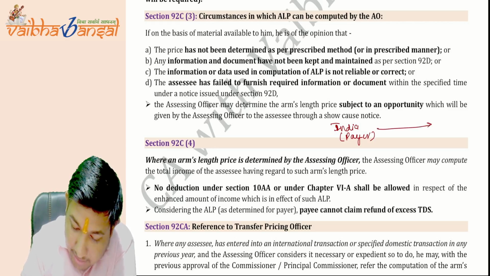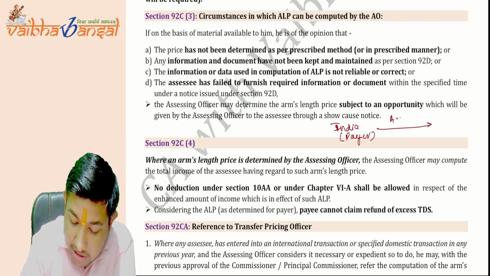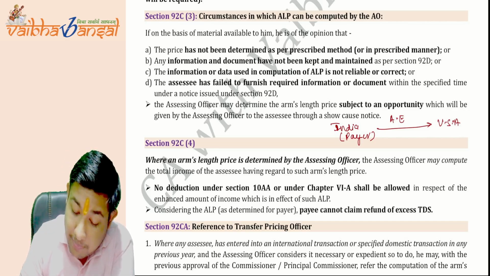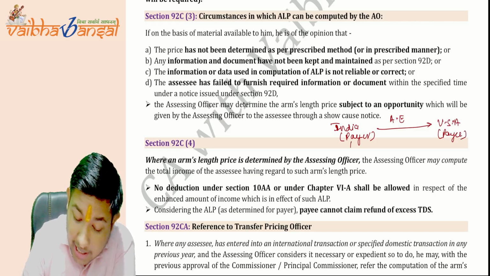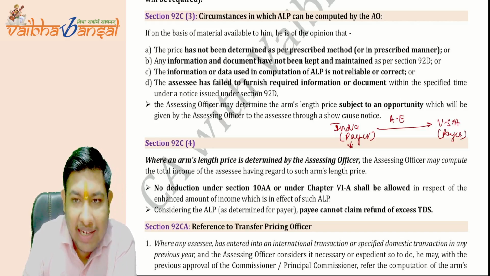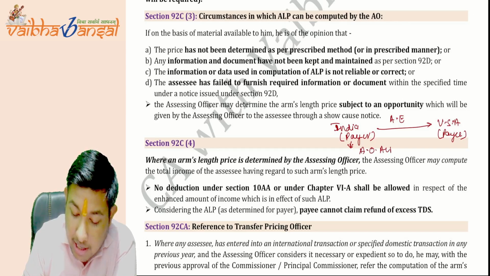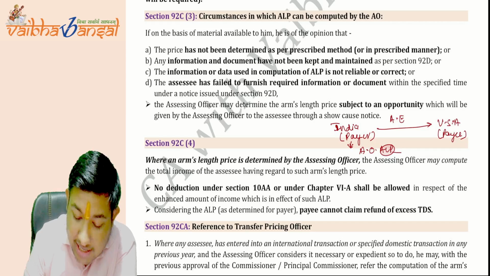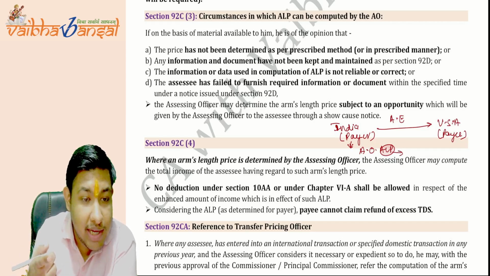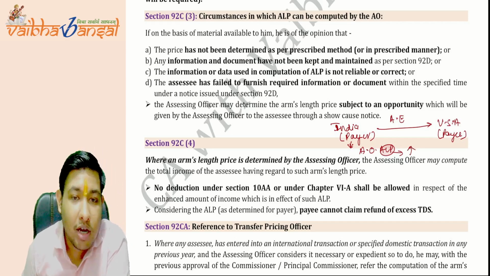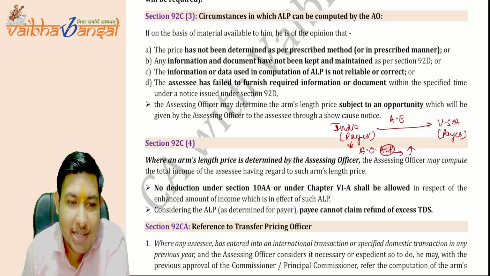We have transacted with the associated enterprise, say in the US. Our Indian company's case comes under scrutiny and the AO determines the arm's length price. After determining it, the Indian AO says that your income is increased, due to the enhanced arm's length price.